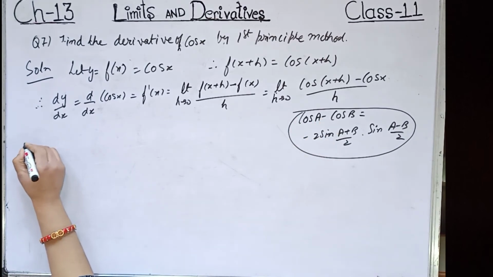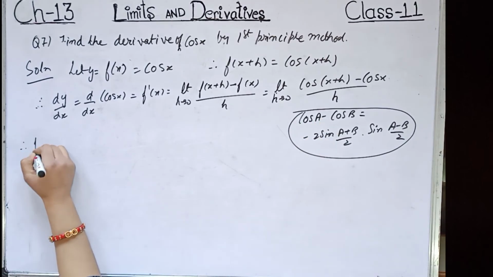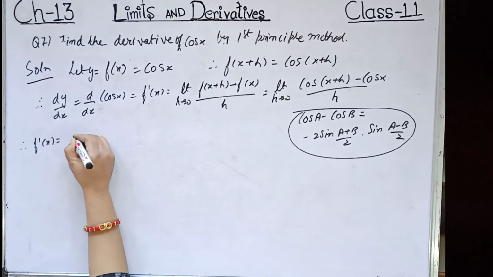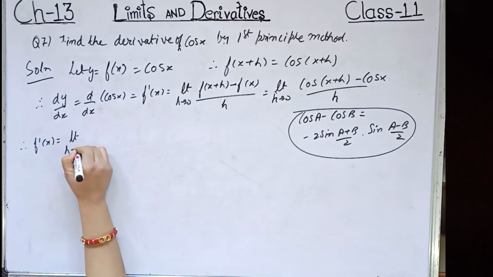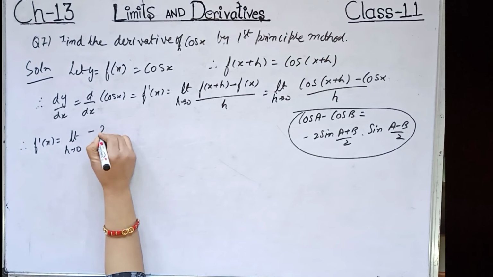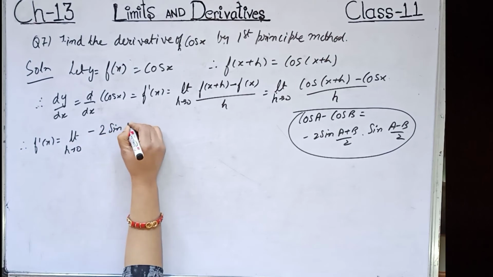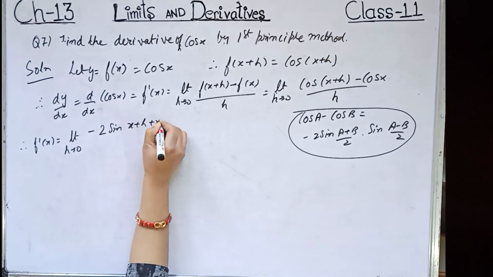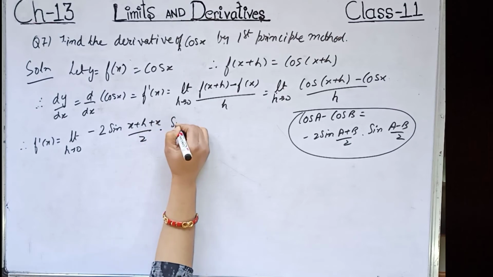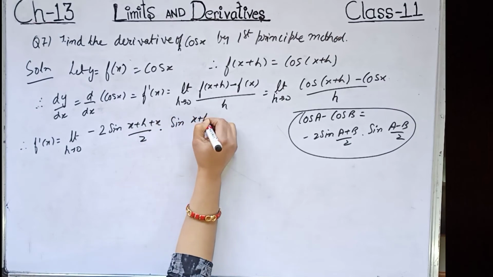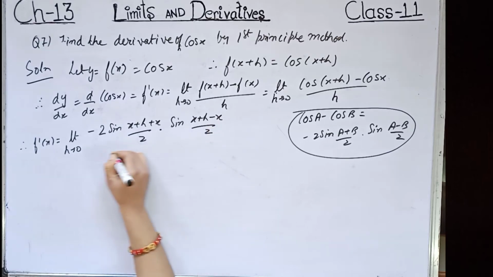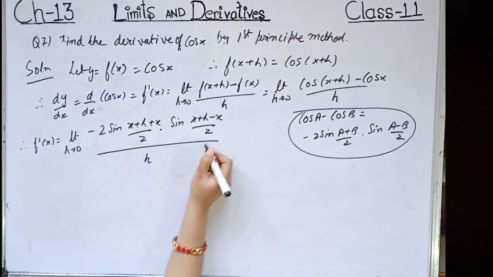So now we will be using it. Therefore, f dash x equals limit h tending to 0 of minus 2 sin of (a plus b) by 2 into sin of (a minus b) by 2 divided by h.